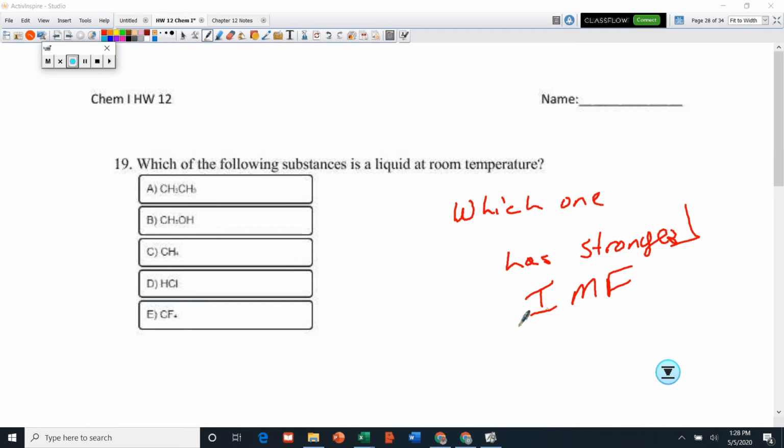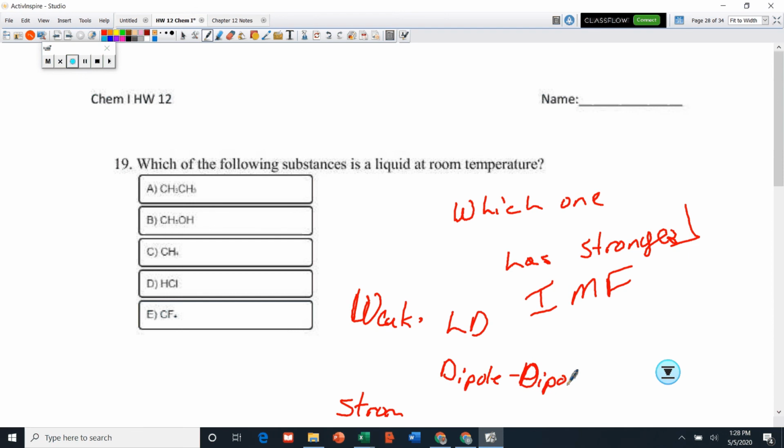On this, I'll go ahead and list from weakest to strongest. Remember that London dispersion is the weakest. Dipole is in the middle. And H bonds are the strongest.